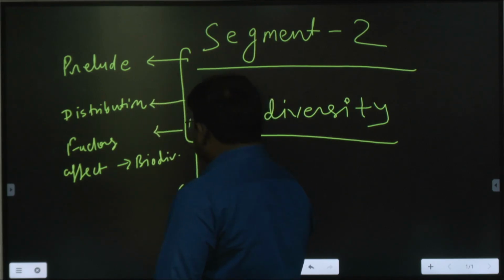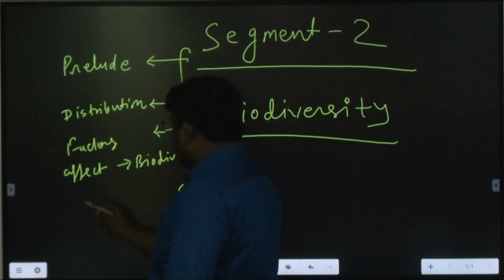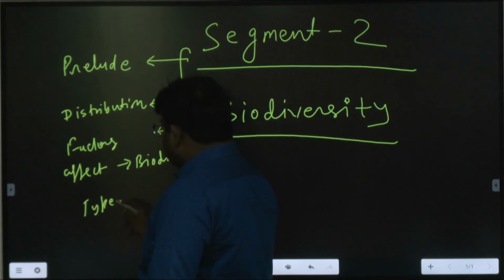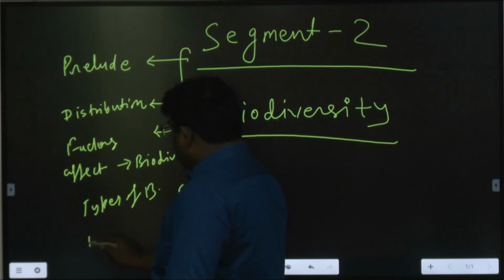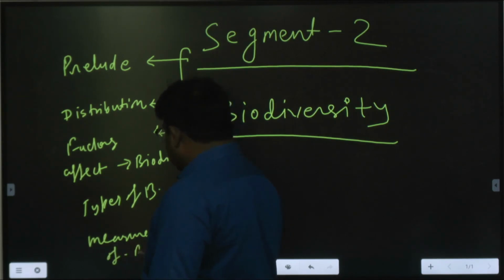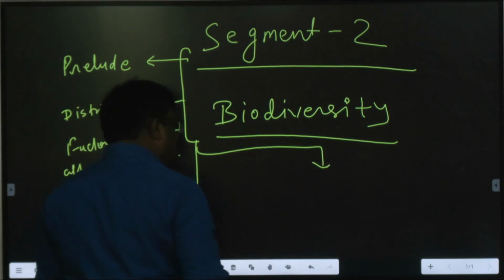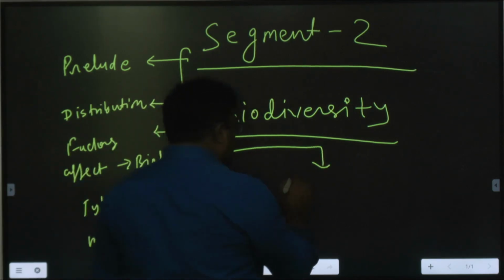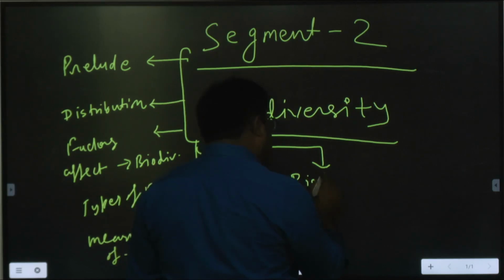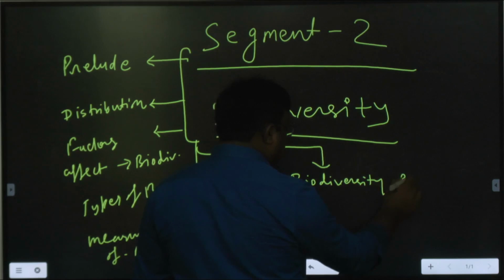Then our next agenda would be types of biodiversity, then measurement of biodiversity. We will also take a glimpse at the condition of biodiversity of India.